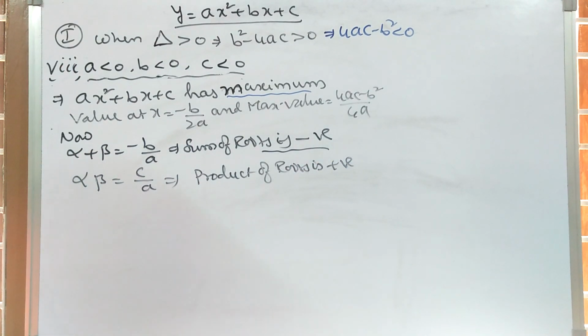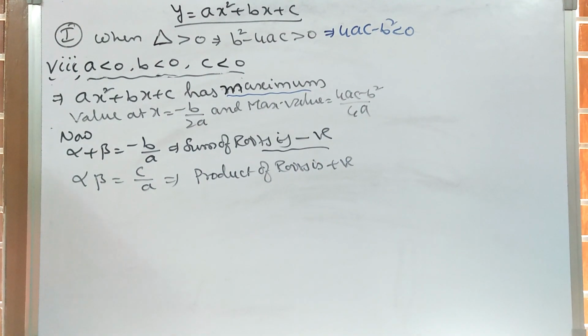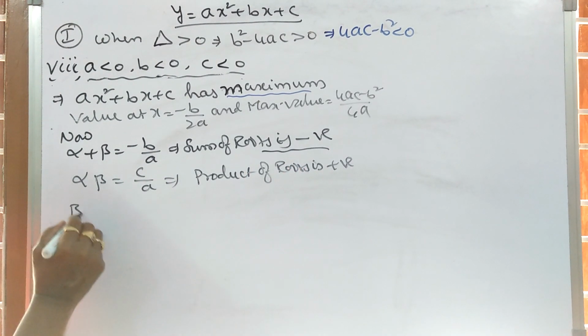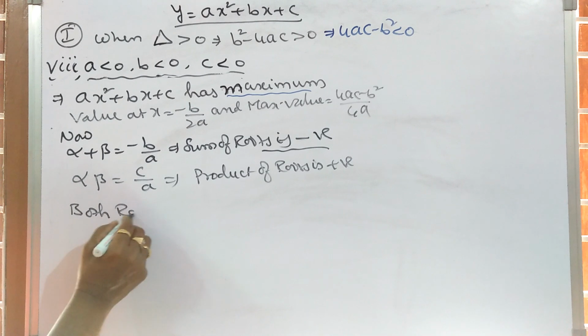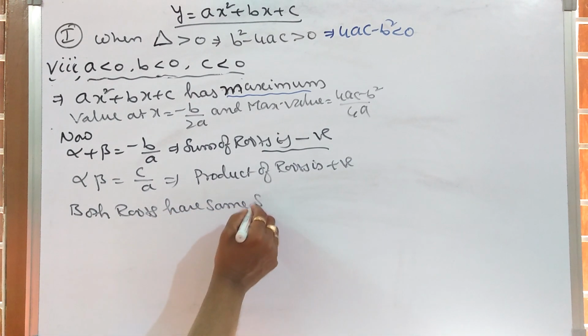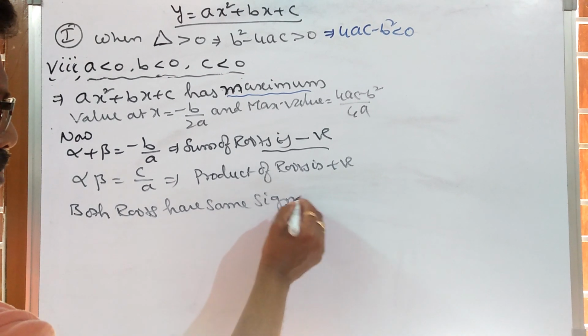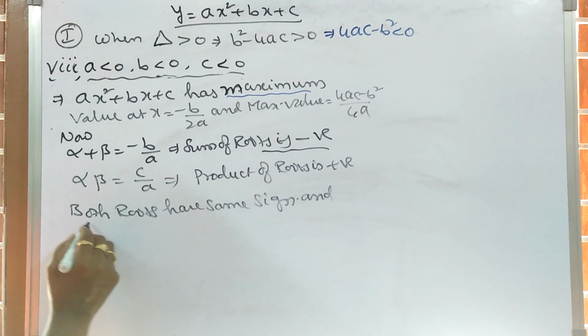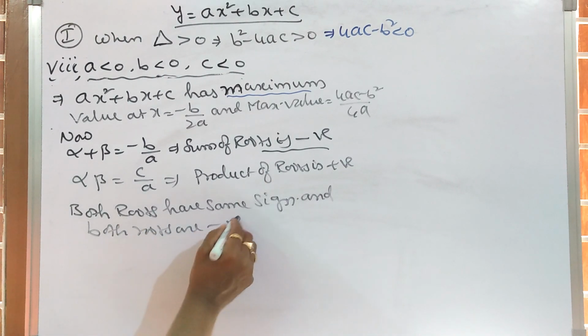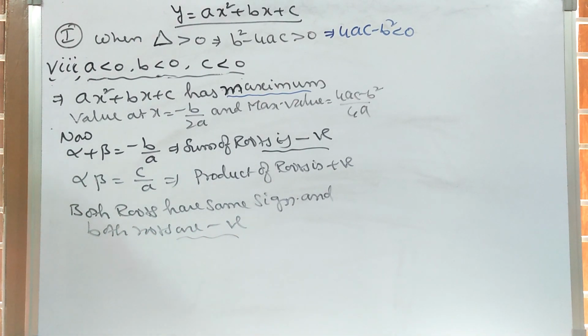And how will the roots be? Product of roots positive means both roots have the same sign. Since the sum of the roots is negative, both roots are negative.